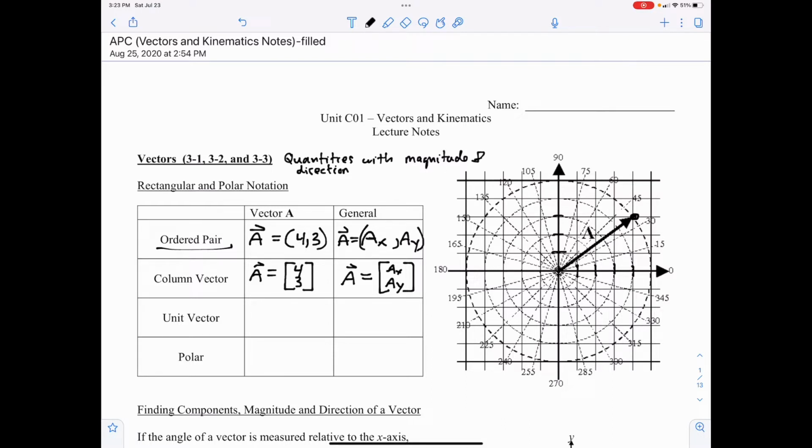The most common way you'll see in university level physics work is the unit vector notation. The unit vector notation for this would be 4i plus 3j.